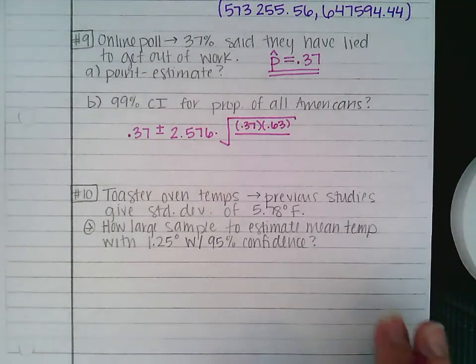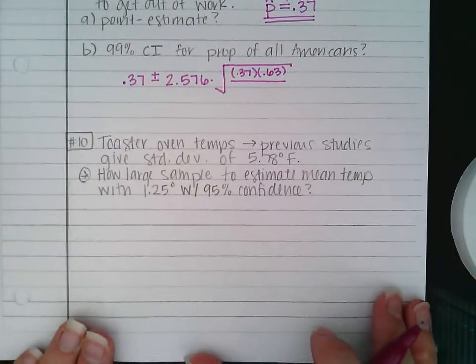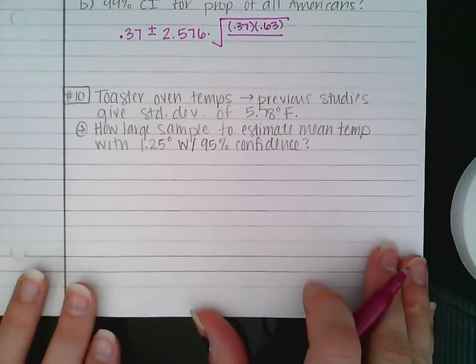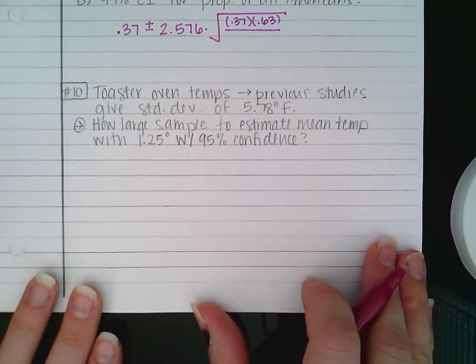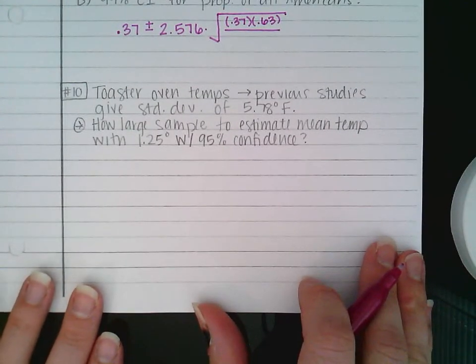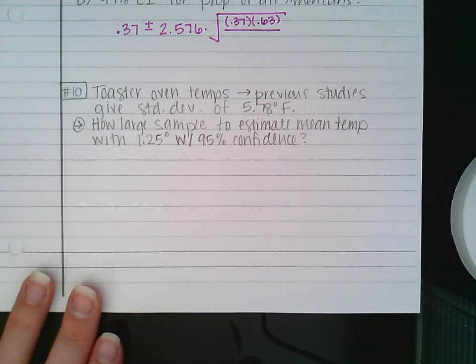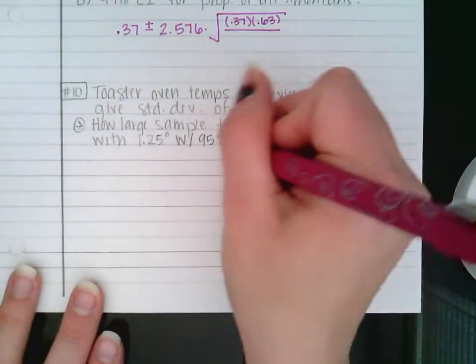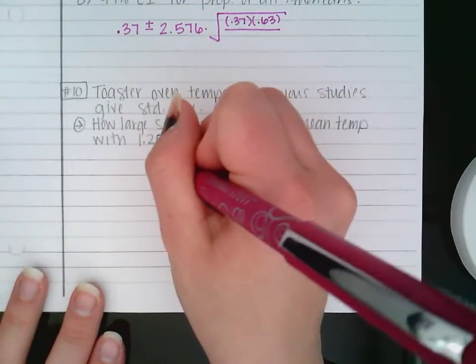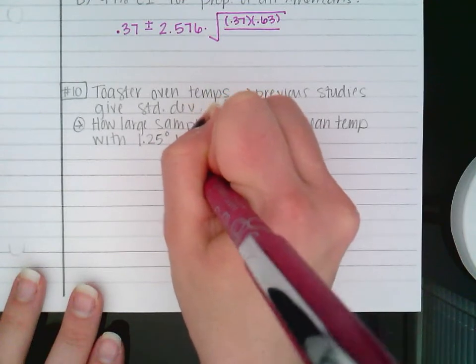Okay, let's do one more margin of error question. Toaster oven temps are going to vary. Previous studies give a standard deviation of 5.78. How large of a sample do we need to estimate the mean temp within 1.25 degree with 95% confidence? So 95% confidence, I'm going to use 1.96 as my critical value.